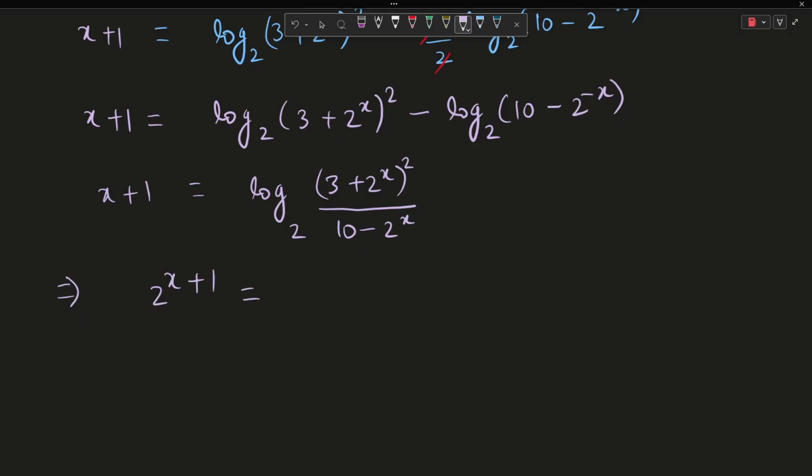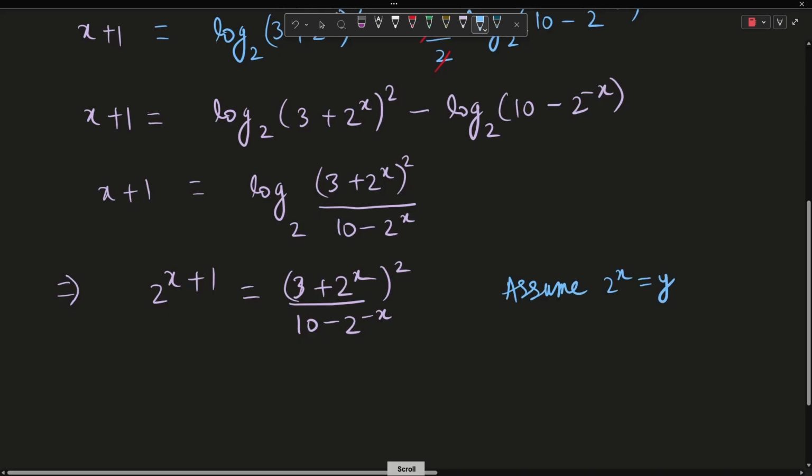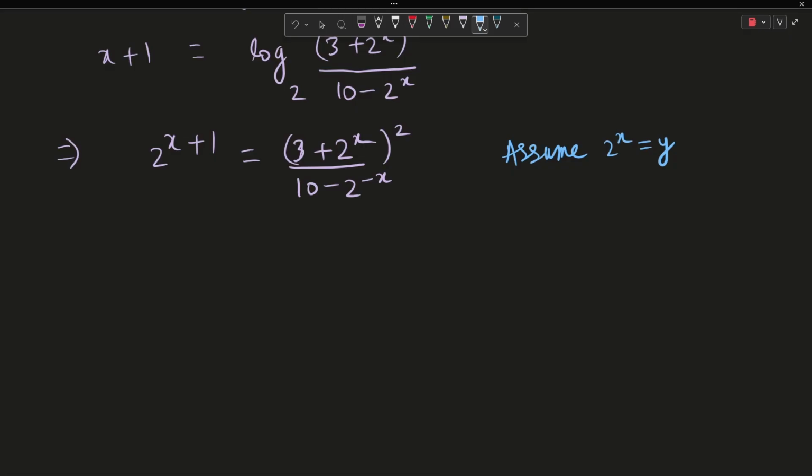2 to the power x plus 1 is equal to 3 plus 2 to the power x whole square upon 10 minus 2 to the power minus x. It is obvious that we are seeing 2 to the power x again and again, so we can assume 2 to the power x as y to make our calculation easier and faster, and to eliminate errors that could happen.